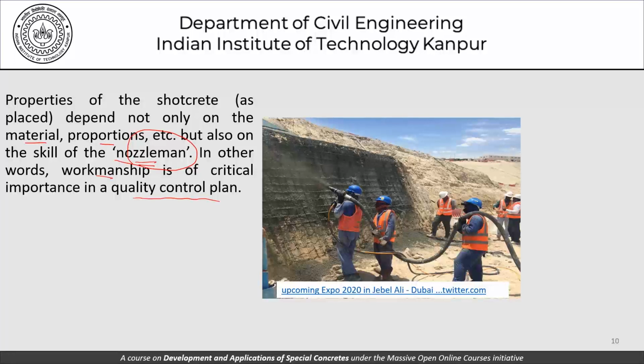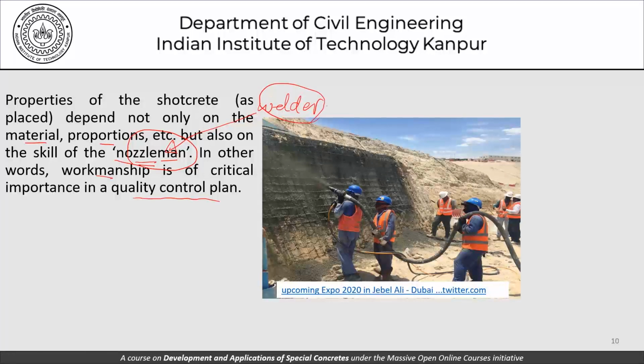I'm leaving it to you to think of a process or processes that have been standardized as far as qualifying a nozzleman is concerned. Try to think of a nozzleman as a skilled worker working on the construction site and compare the requirements with that of a welder.